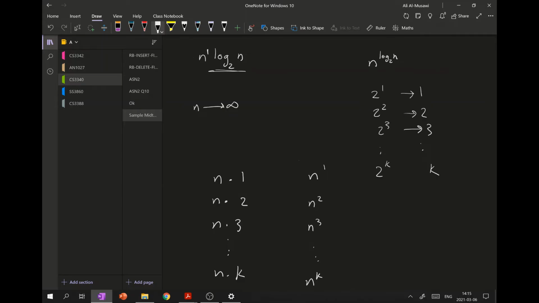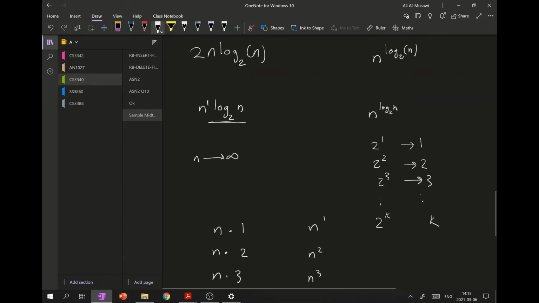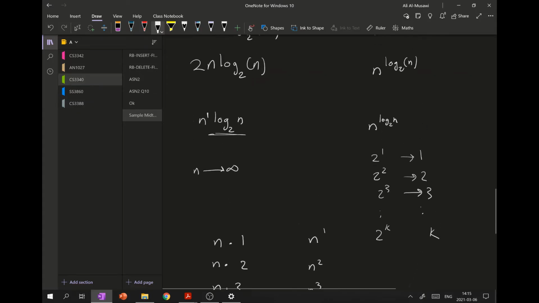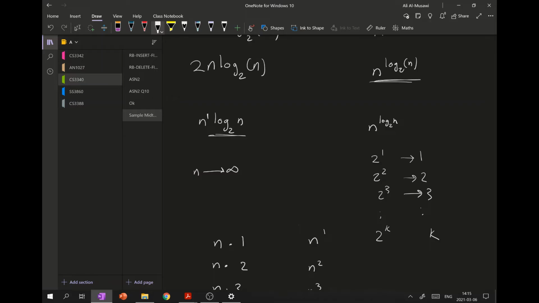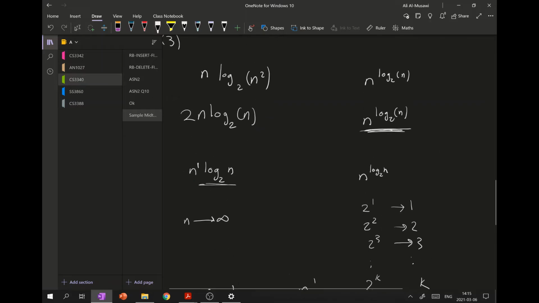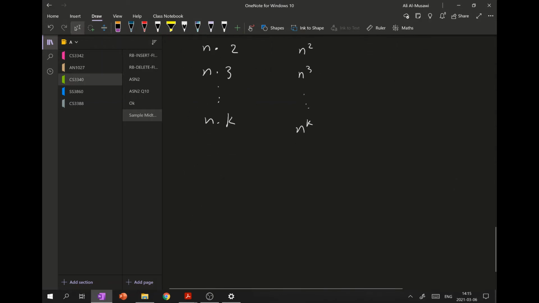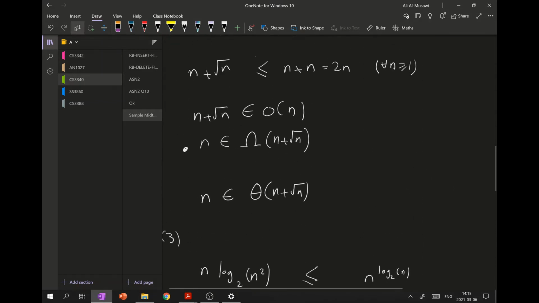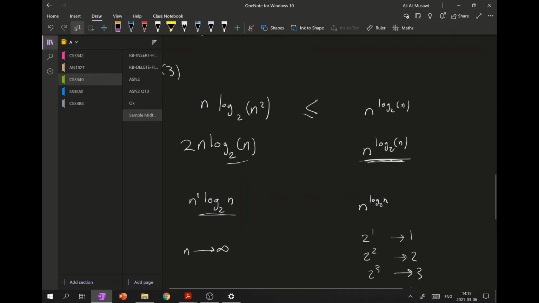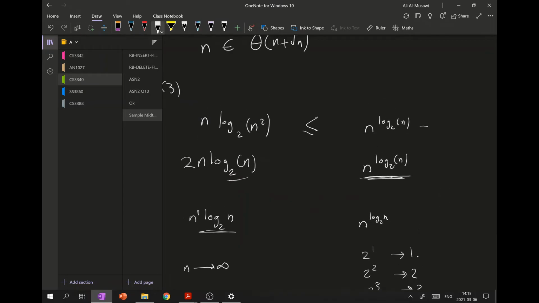What you'll notice is that exponentiation is always faster. So in our case, this function is always faster than the one over here. So we can say that n log 2n squared is less than or equal to n to the log 2n. And of course, from that we can conclude that this is a big O relationship.